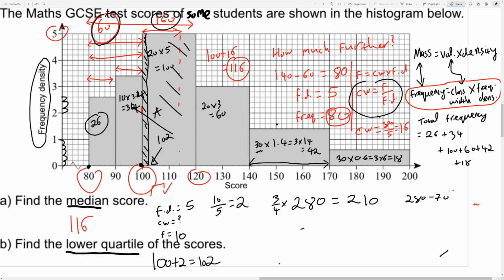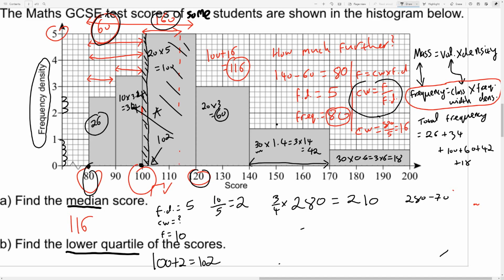So let's do that. We can use our workings from earlier. So we know the first 160 values lie between 80 and 120. Then we have 60 values here. So 160 plus 40 is 200, another 20, 220.